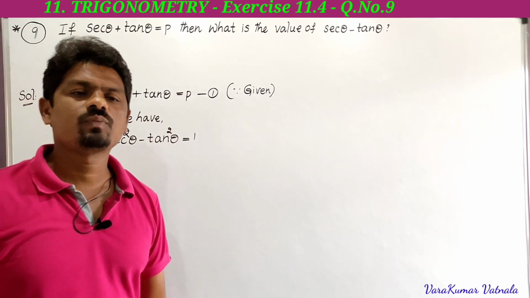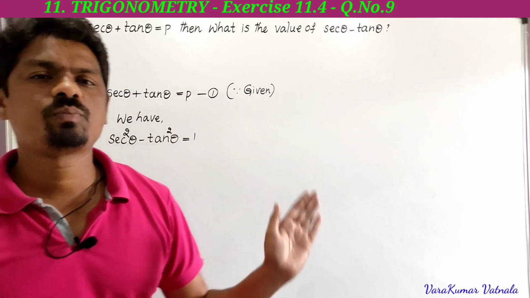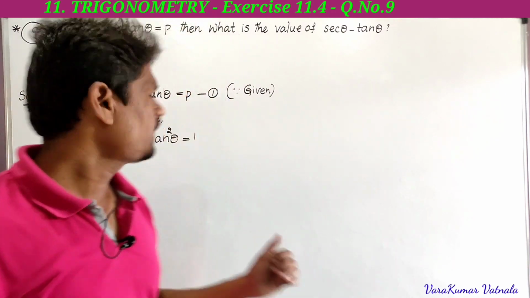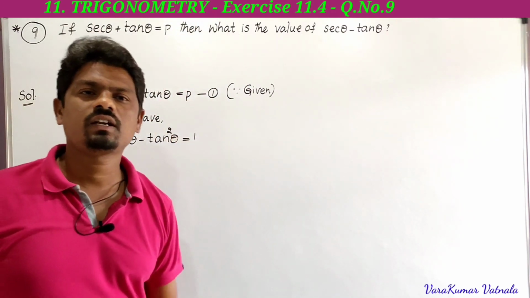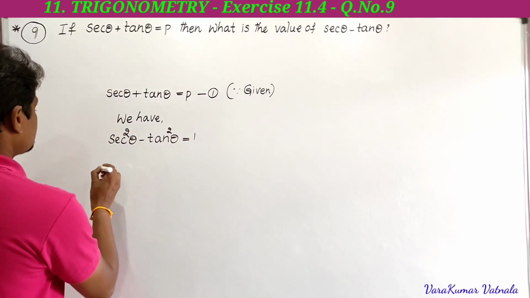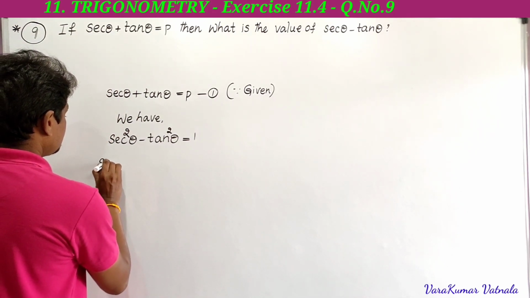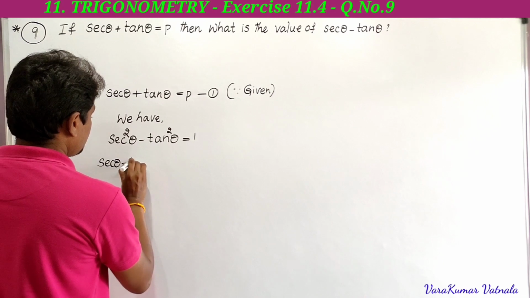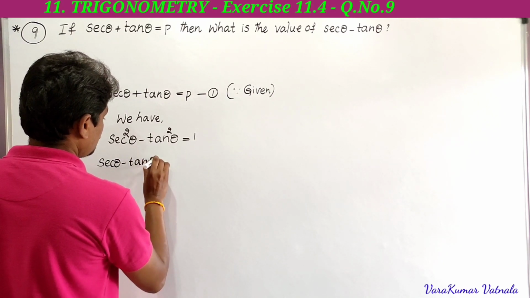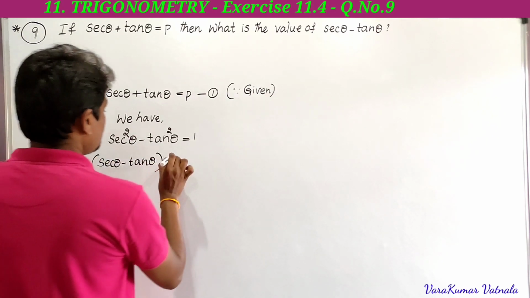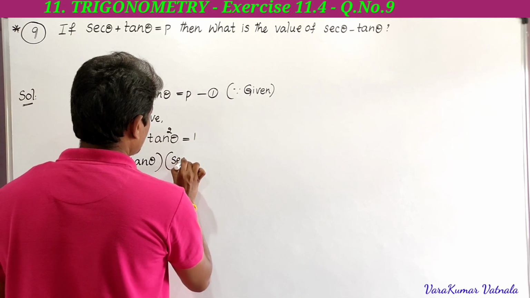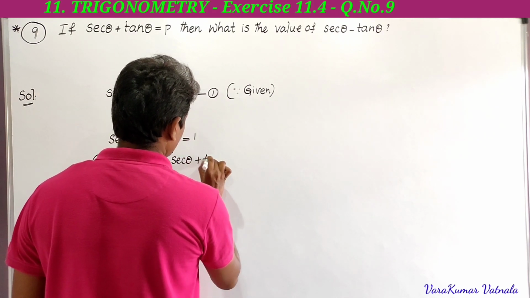So a square minus b square can be written as a minus b into a plus b. Here a is secant theta, b is tan theta. So I am writing a minus b as secant theta minus tan theta into a plus b is secant theta plus tan theta.